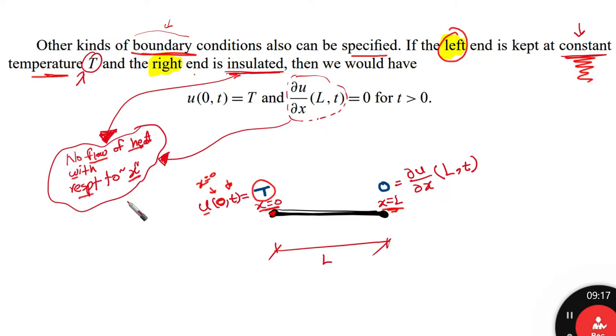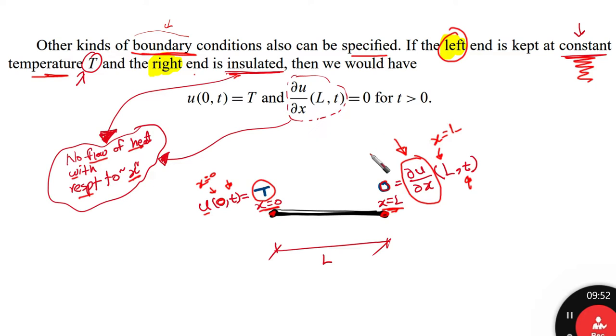So this means exactly that partial u partial x, the heat flow along the bar length at this point, which is x equal to L, the right end, at any time t, will not vary with time. It is going to be constant, always, with the value of 0.